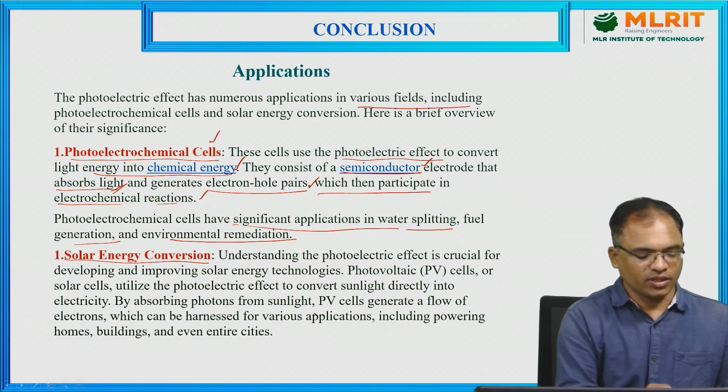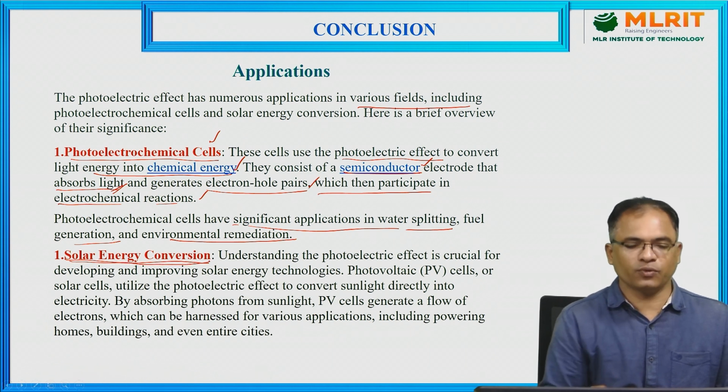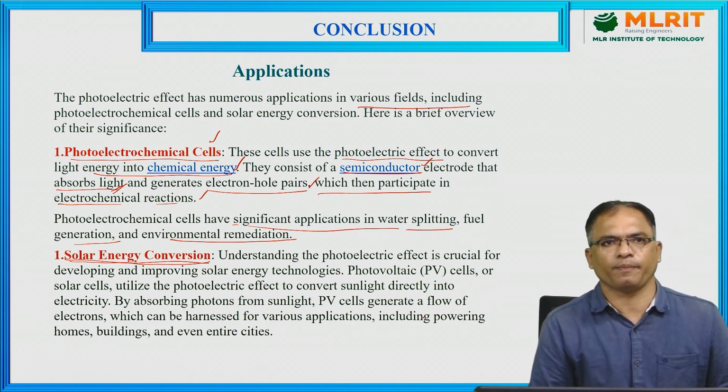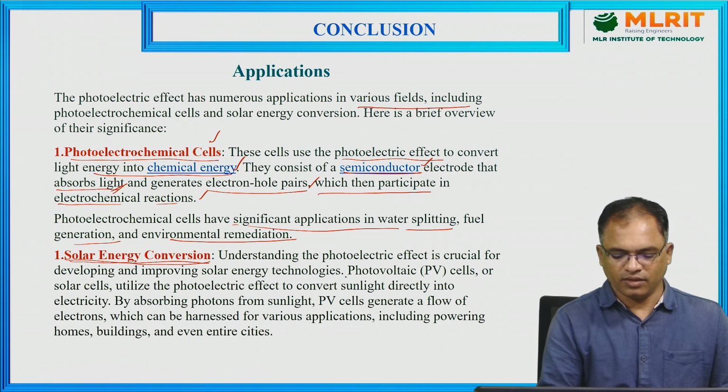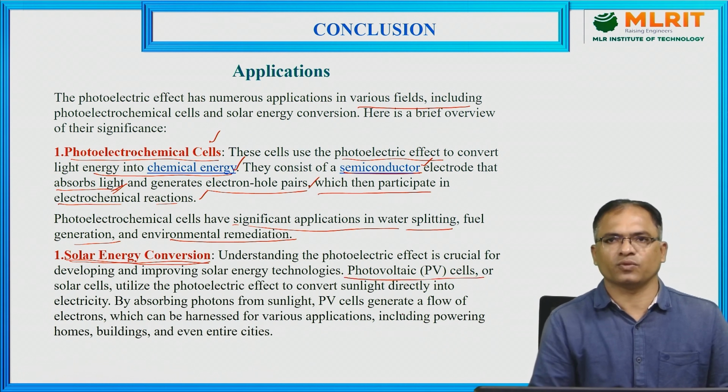The second important application is that they are used in converting solar energy. You know, solar cells are the materials which are able to convert sunlight into electrical energy. So similarly here, solar cells are also called photovoltaic cells.